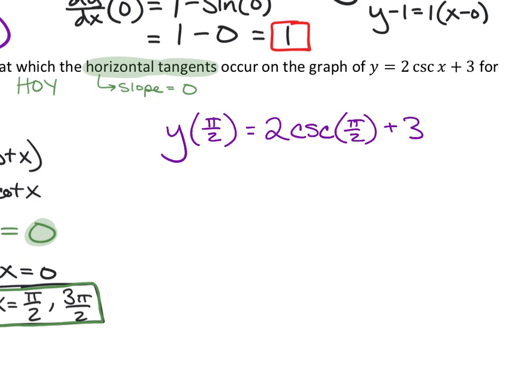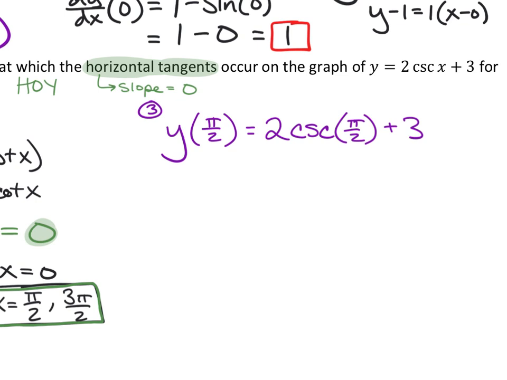What is cosecant the reciprocal of? Sine. What is sine of pi over 2? Guys, look at the table. What is the sine of pi over 2? So we have that the sine of pi over 2 is 1.